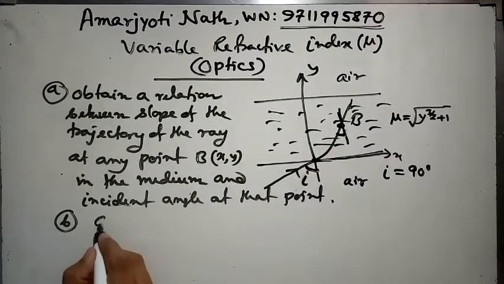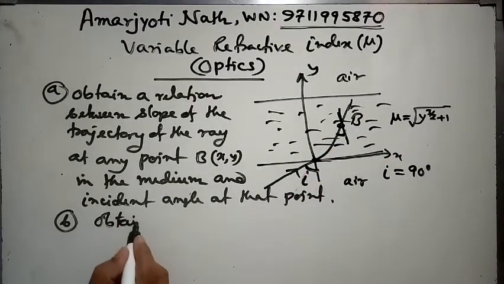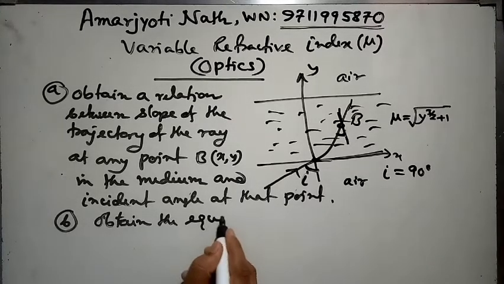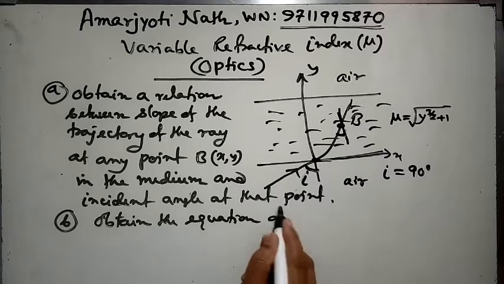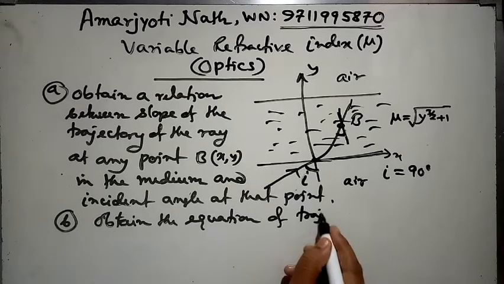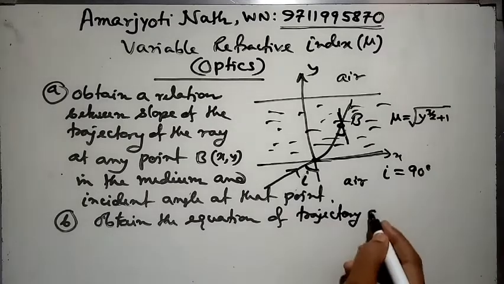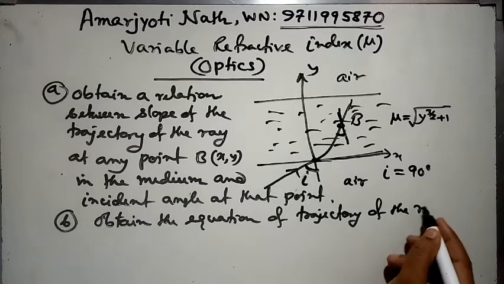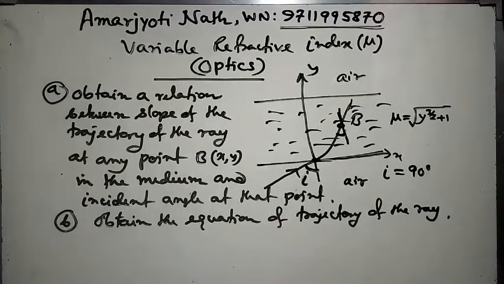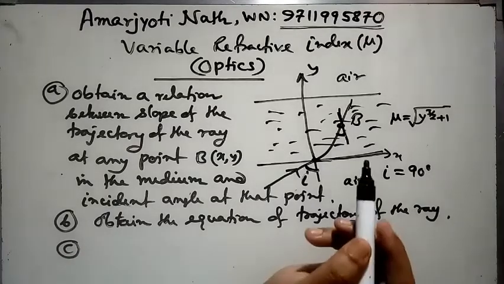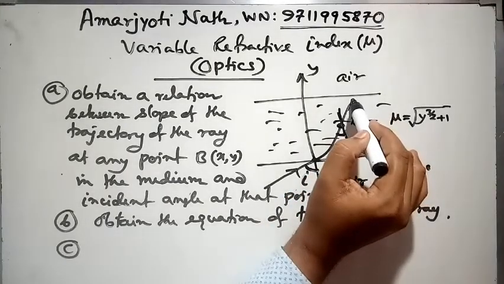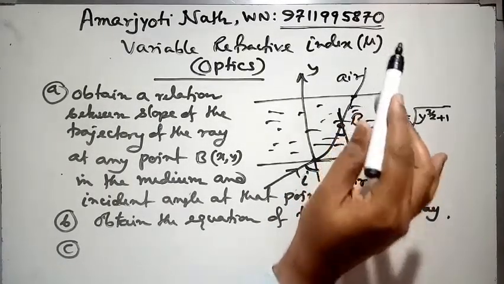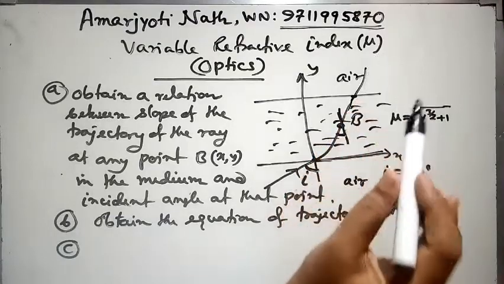Obtain the equation of trajectory of the ray. And third question, what will be the coordinate of the point from where the ray will go out of the medium.